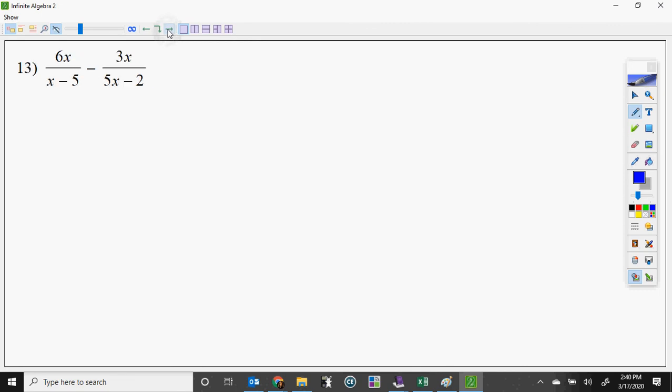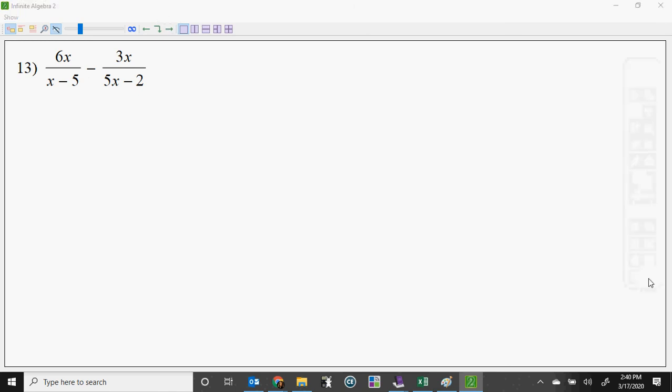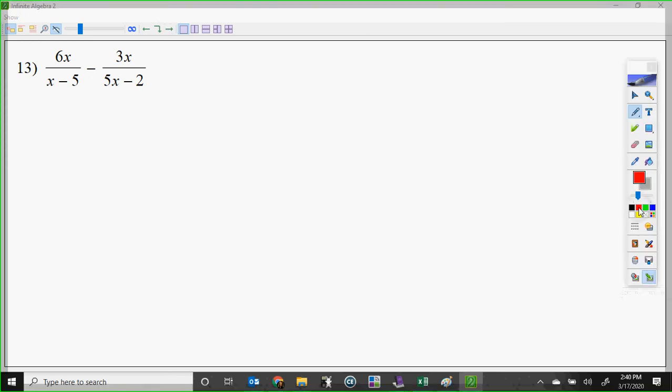And lastly, number 13. Okay, well, what do I need here? Well, the left side needs a 5x minus 2. The right side needs an x minus 5.